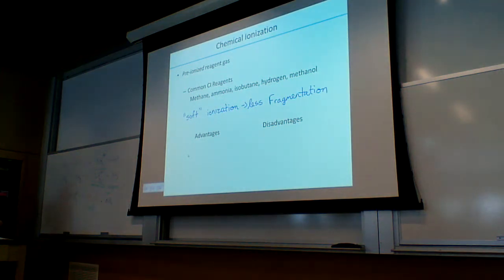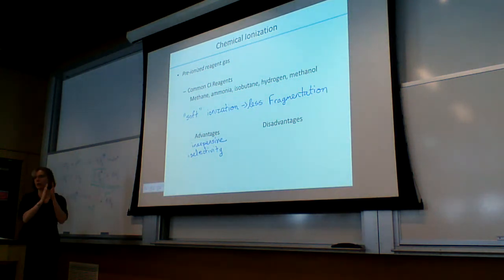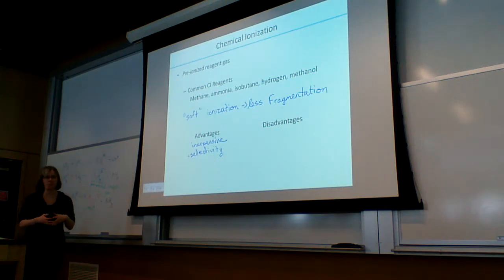So what are the advantages and disadvantages here? Again, it's inexpensive. It's selective. So you can have selectivity if you have a sample that may contain two things. You may be able to selectively choose a chemical ionization reagent that would ionize one of them better than the other, and you're going to get that sample.